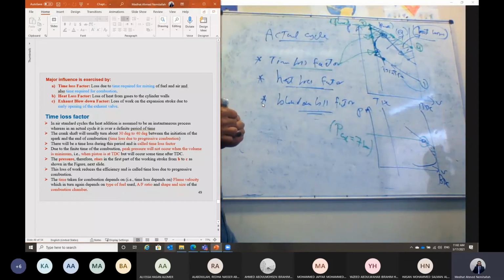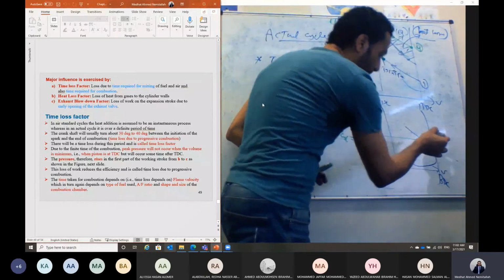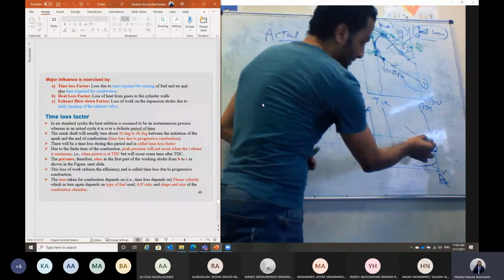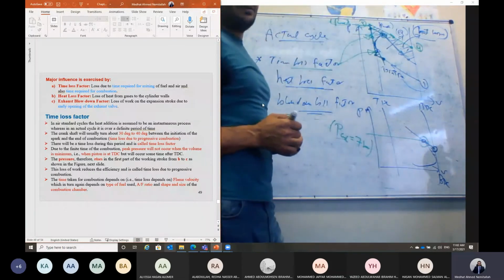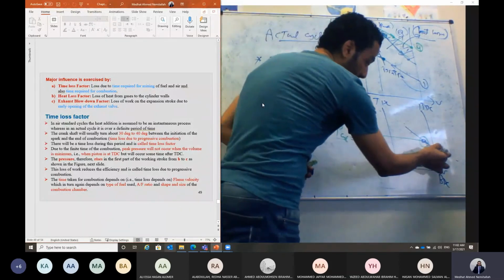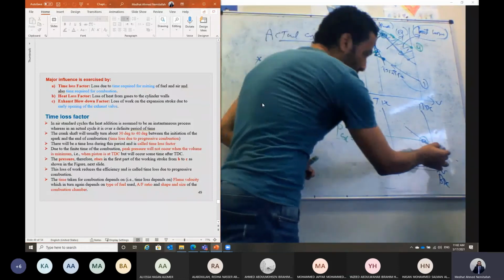In this case I am losing this additional part of work during the expansion stroke. But if I open the exhaust valve at the bottom dead center, when the piston is at the bottom dead center, I went this way. So we benefit from the pressure during the expansion stroke. But when you open the exhaust valve with the piston at the bottom dead center, the pressure here, guys, is low.